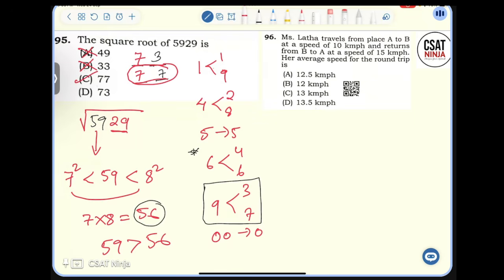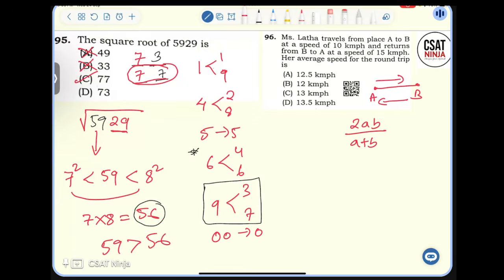There's a formula for this kind of question, going from A to B and again returning from B to A. The formula is 2AB divided by A plus B, where A is the going speed and B is the coming speed.